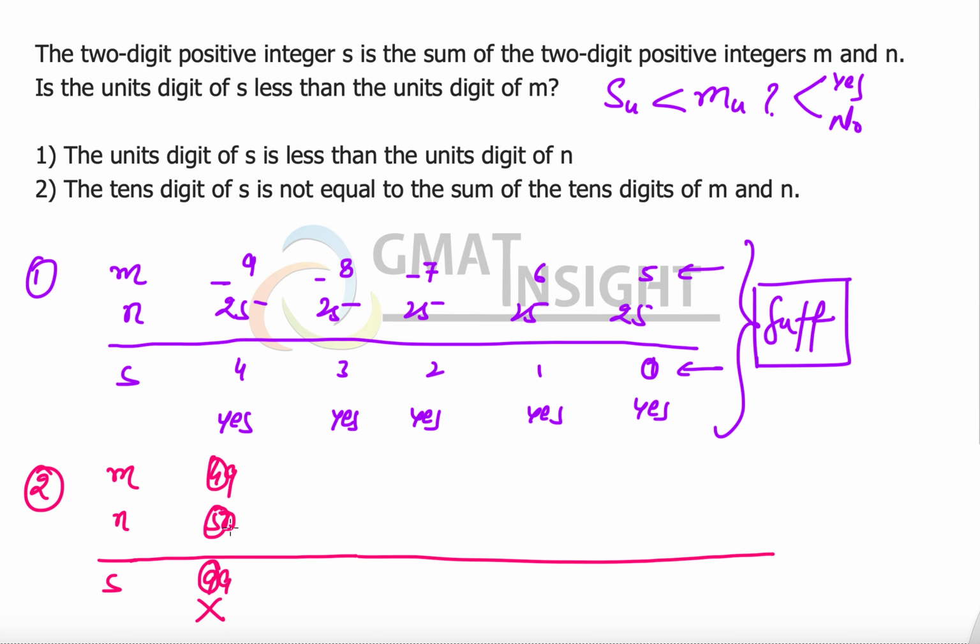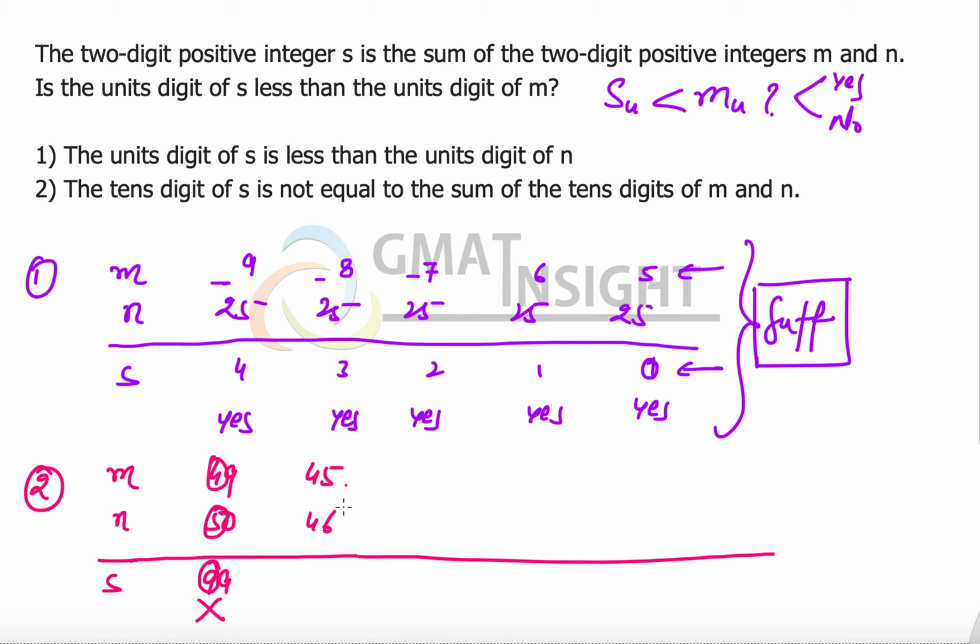So let's understand, when will the tens digit of s not be the sum of the tens digit of m and n? That's possible only and only if there is a carry forward going from the unit place. For example, if I take 45 here and 46 here, the sum of the unit digits is greater than 9.